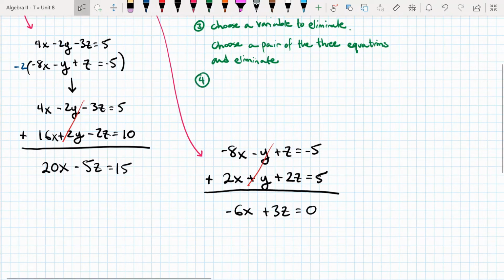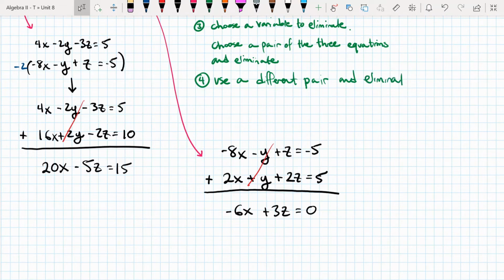And 4 together. So we're going to use a different pair and eliminate the same variable as step 3.